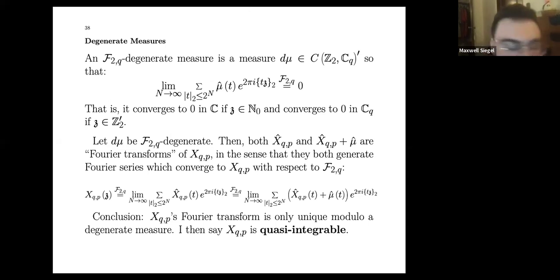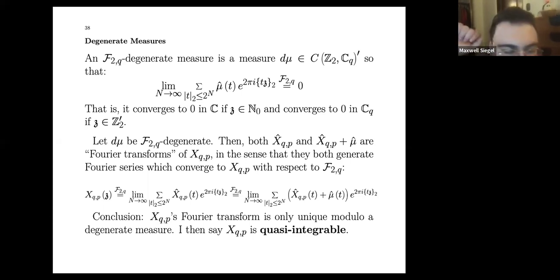A 𝔽_{2q} degenerate measure is a 2q-adic measure dμ such that the Fourier series generated by μ hat converges to 0 with respect to 𝔽_{2q}. That is, it converges to 0 in the complex numbers if z is a non-negative rational integer, and converges to 0 in C_q if z is in Z_2 prime. The existence of these degenerate measures has a profound implication for our Fourier analysis.